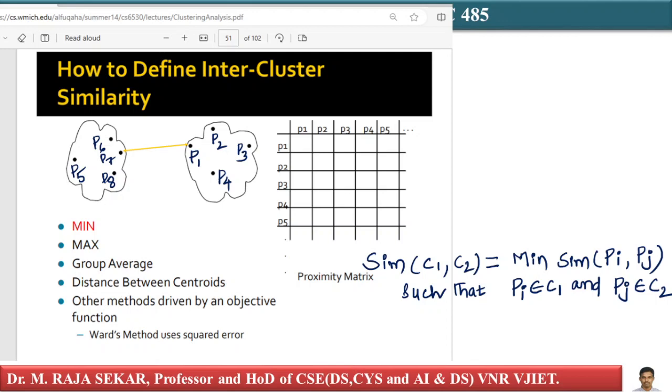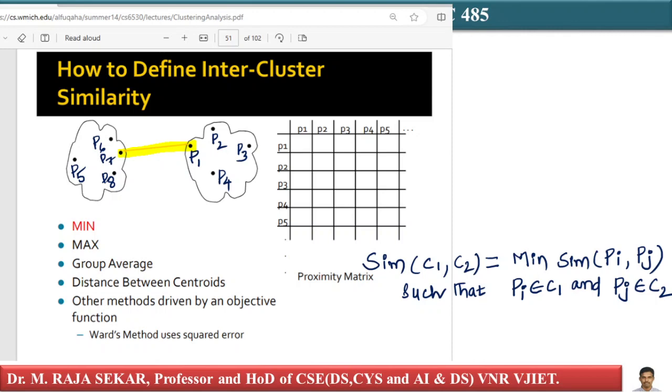What it literally says is, take all pairwise dissimilarities or distances, with one point in C1 and the other in C2, and pick the minimum of them.